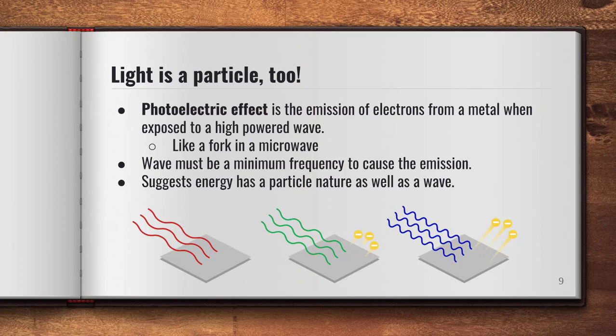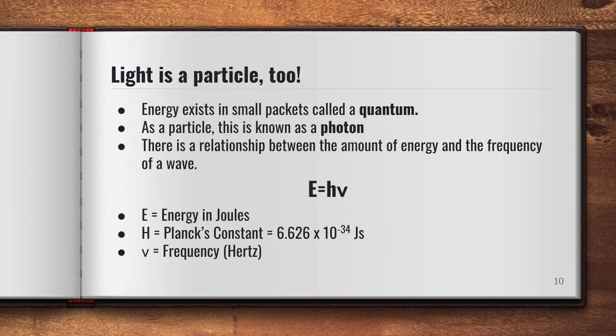All right? And because of this, we assume or we know that light must have a particle quality with it as well, as it is what's called quantized, meaning that each photon or each bit of light that is emitted from the metal has a specific amount associated with it. So we said energy exists in small packets known as a quantum, and as a particle, this is known as a photon.